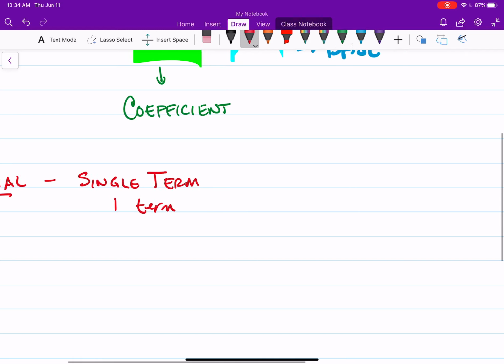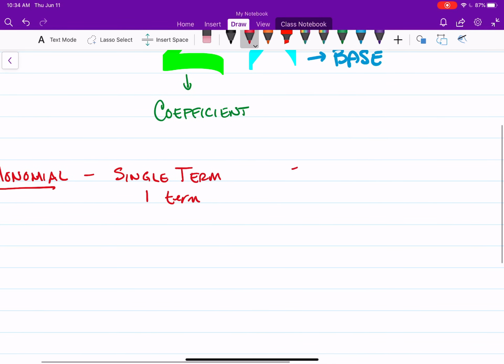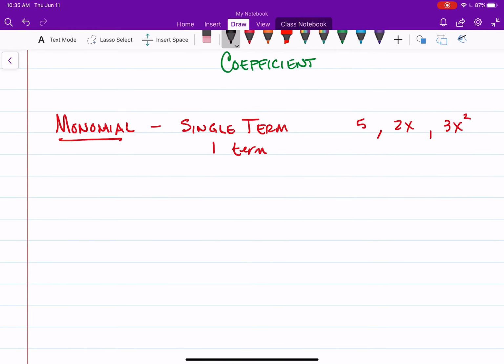Okay, so some examples of what one term might look like, it could be as simple as 5, 2x, 3x squared. Okay, these are all just one single term. Okay, so what's next? Well, we also have binomials.